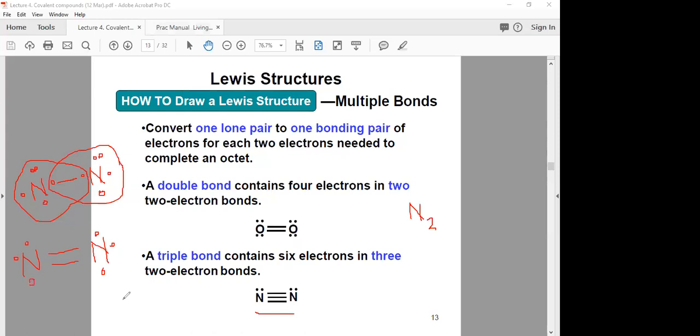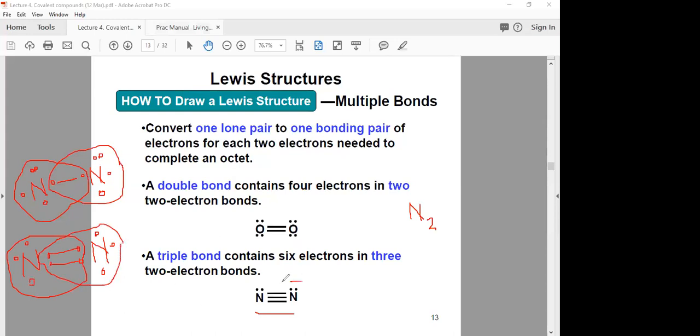Okay, now how many electrons are surrounding each of the nitrogens? 7. 2, 4, 5, 6, 7. Correct. So we've got 7 electrons surrounding each nitrogen. Once again, octet rule has not been achieved.